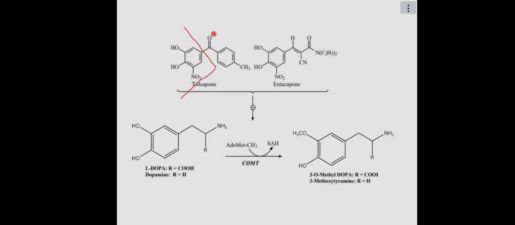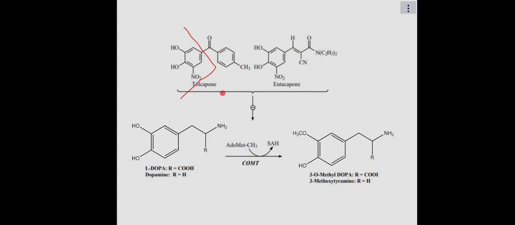This other portion on this side, I can call a tolyl group. That group is responsible for the antagonism. Remember, these are drugs that will bind and block, blocking meaning they will not trigger pharmacological activity.